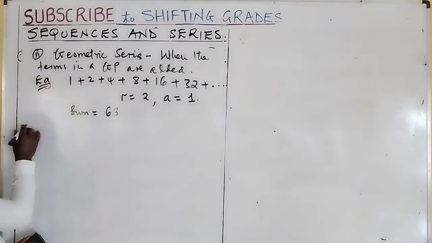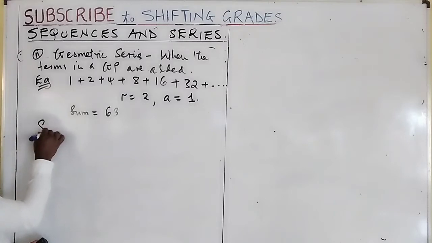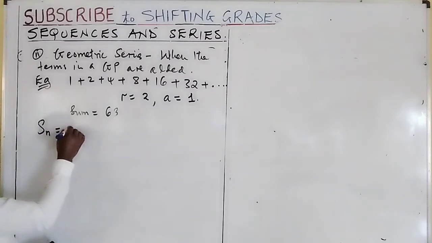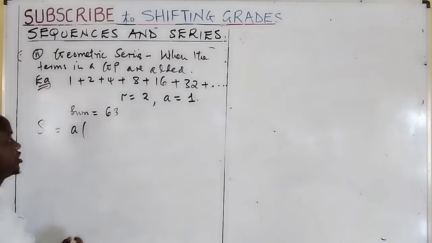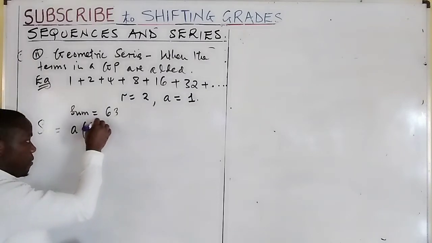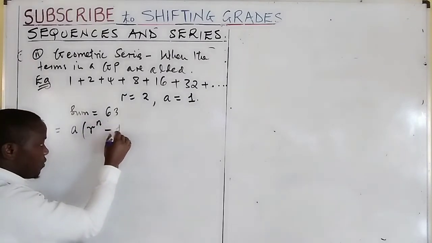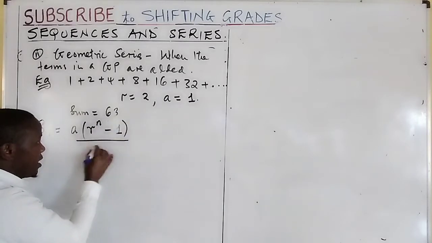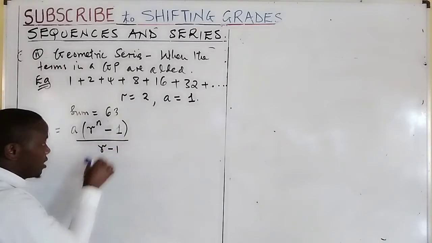So we can consider this formula, that the sum of n terms is given by a into r power n minus 1, divided by r minus 1.